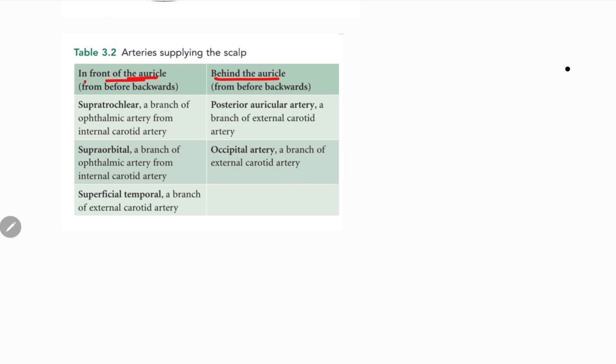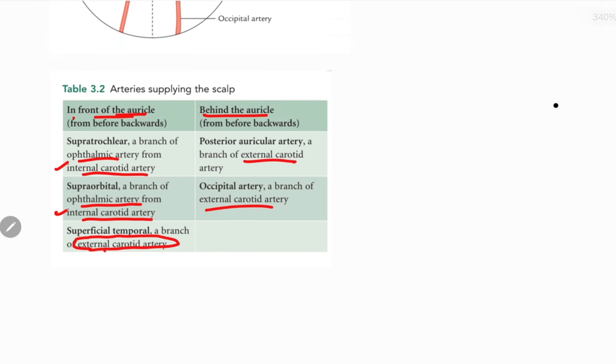Supratrochlear, a branch of ophthalmic artery from internal carotid artery. Supraorbital, branch of ophthalmic artery from internal carotid. Superficial temporal, external carotid. These were internal, this is external. Posterior auricular, branch of external carotid, or occipital, external.